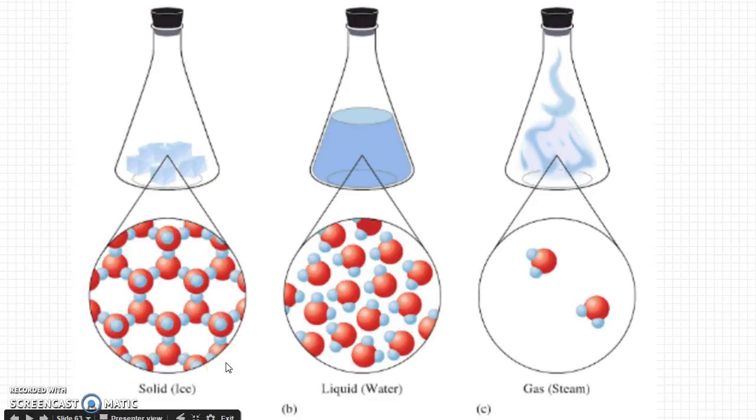In a solid, the particles, molecules, are forming kind of this fixed pattern, crystalline arrangement, whereas in liquid water, the molecules are spread out in between, and then when you go to gases, the molecules are spread even farther apart. There's more empty space between them.